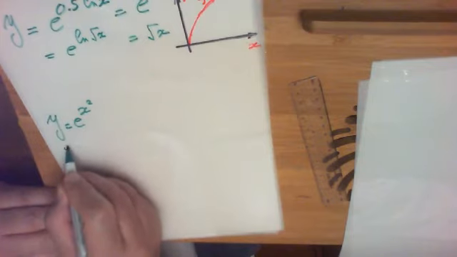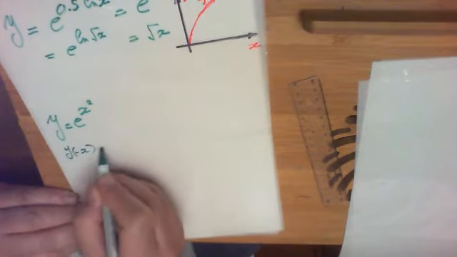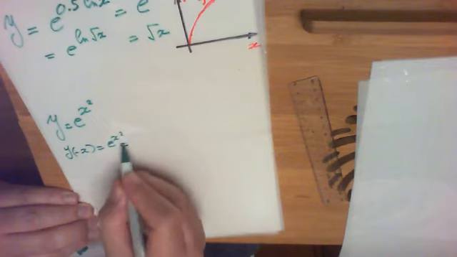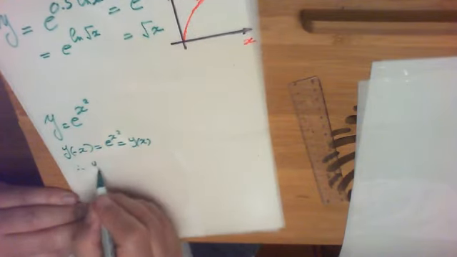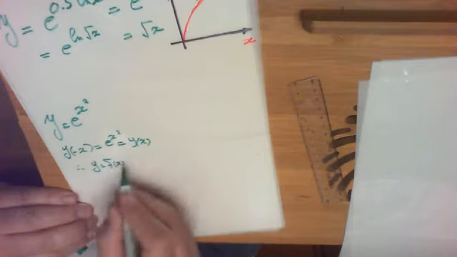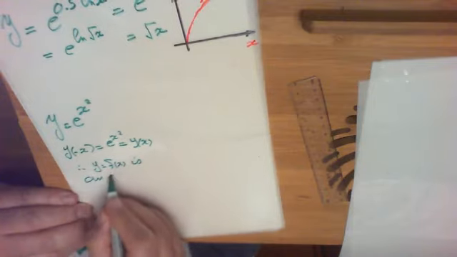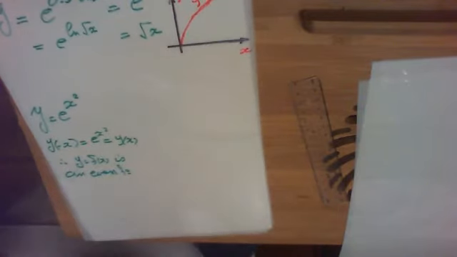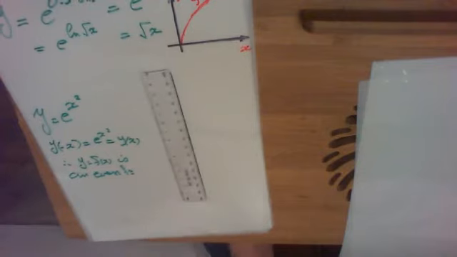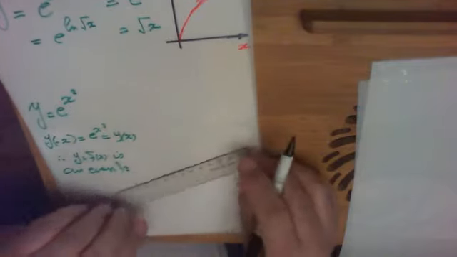As you see, y of minus x is still e to x squared. That means y of minus x equals y of x, so y equals f of x is an even function. So the y-axis is a mirror for the function, from right to left or from left to right. So just draw one side, you can draw the other side.